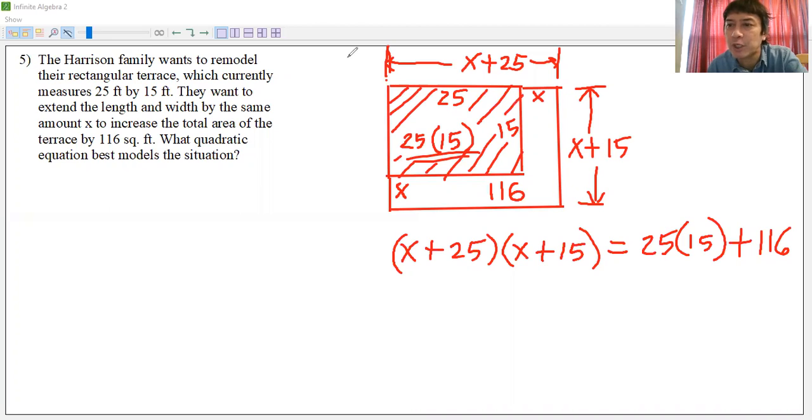Now the 116 is added to the product of 25 times 15. So we have that at the right side: 25 times 15, that's the original area, plus the added 116. Now that equates to x plus 25 multiplied by 15 plus x.